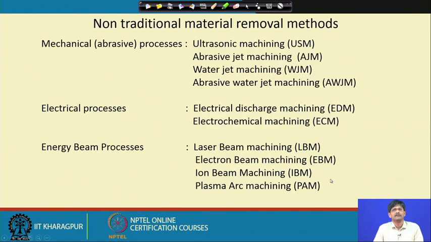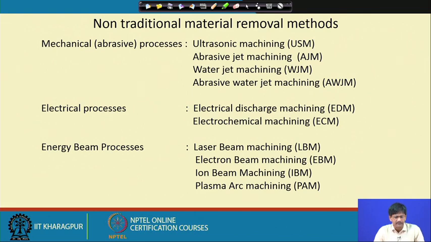So, as time is short, I will summarily move on to some of the non-traditional material removal methods. Non-traditional material removal methods are used when traditional methods are impossible to implement, or the material of the workpiece does not allow the application of conventional methods where heavy forces would be involved, or the shape or size of the workpiece is such that conventional machining methods cannot be applied.